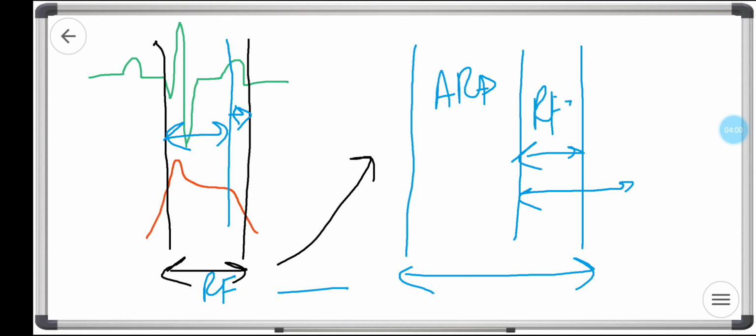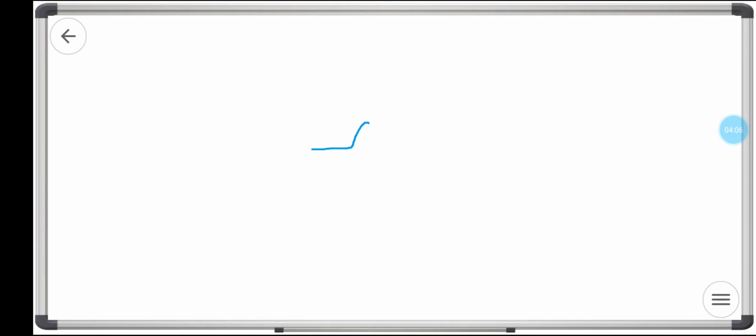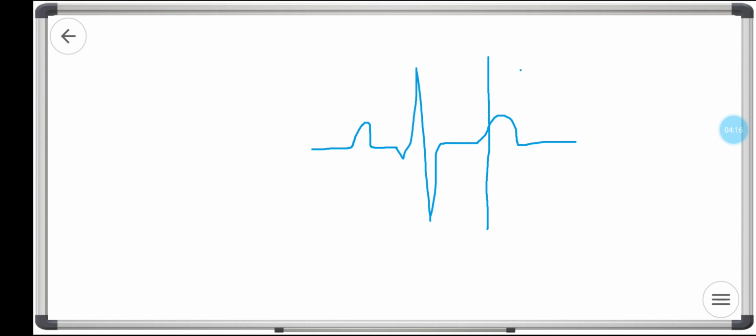And if there is another action potential, say for example another QRS, what's going to happen? If there is one QRS over here and there's a T, and this is the relative refractory period, say for example, and there was an absolute refractory period before it.